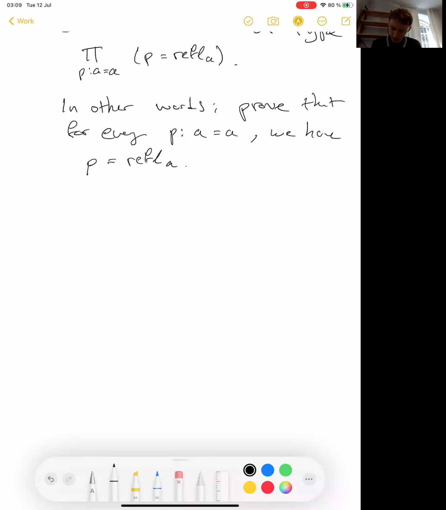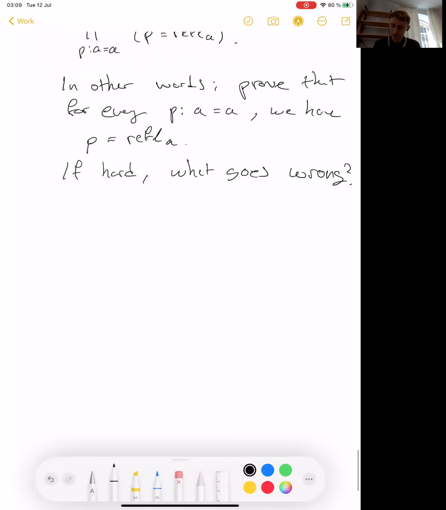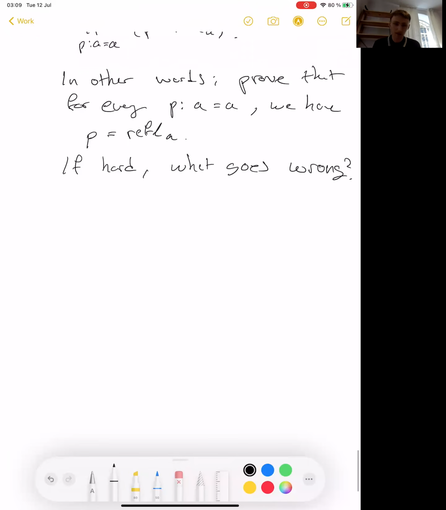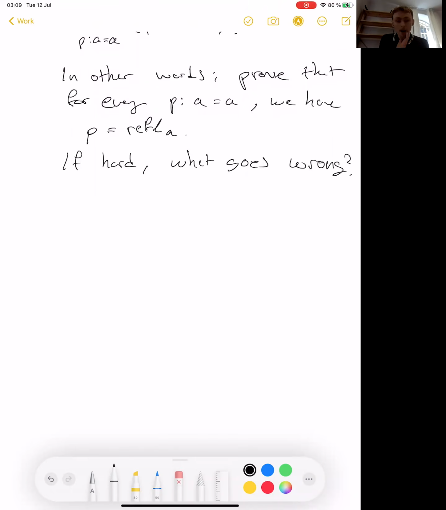And if this doesn't work out, if hard, it should be hard because it's false. If hard, what goes wrong? So the point of this exercise is to show you a scenario when you cannot apply path induction.